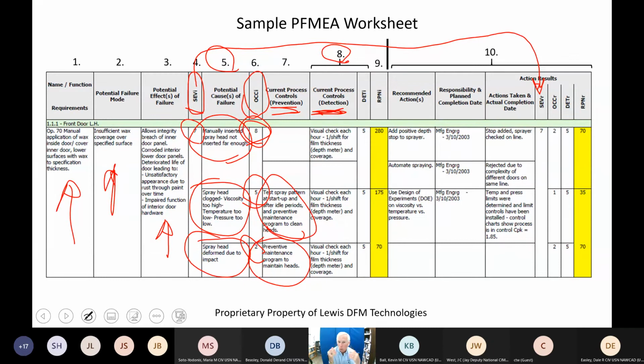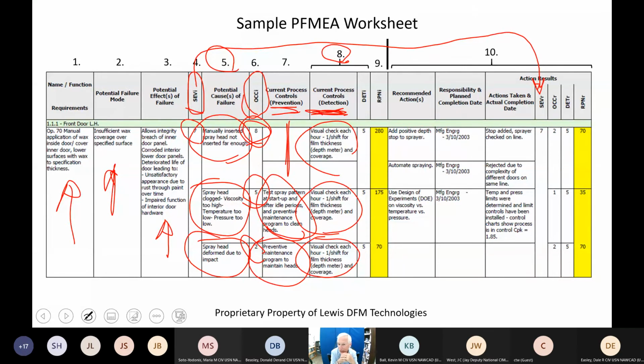And right now, we are doing a visual check every hour, one per shift for film thickness, including a depth meter and a visual for coverage. Okay, so we're already doing some things from a prevention and a detection standpoint, and these are the things.